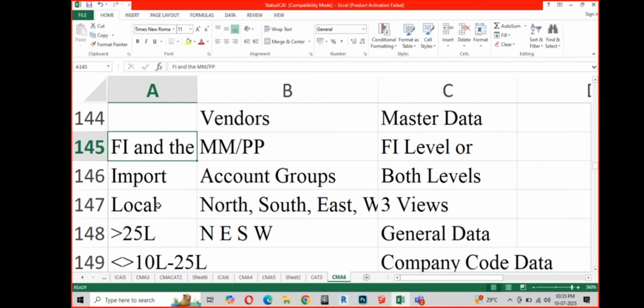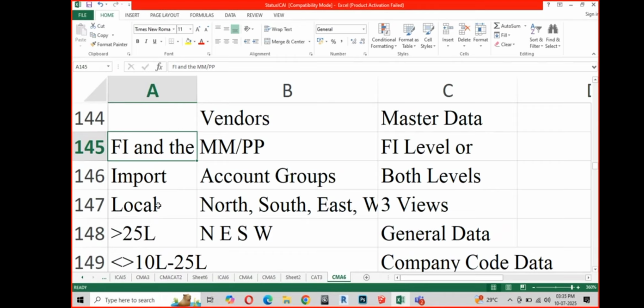The categorization could be based on the business volume you generate. It could even be the geographical location, say North Karnataka, South Karnataka, East Karnataka, West Karnataka, or North India, East India, Western India, Southern India, or international vendors and local vendors.